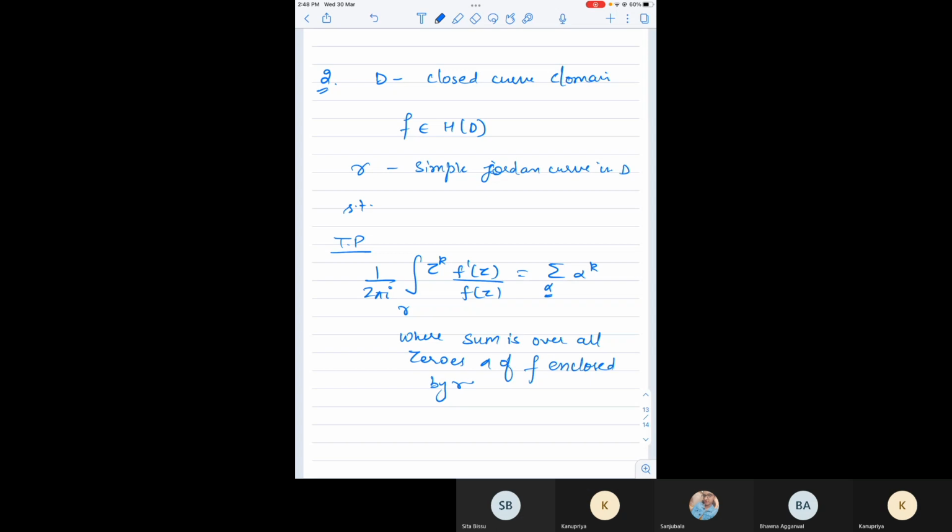So what is the statement of argument principle? We will use argument principle in this question. So what is the statement of argument principle? Yes, Bhavna.